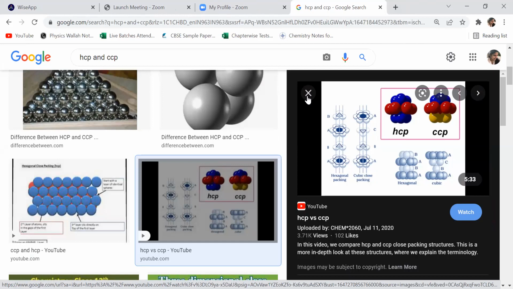Anyone with a doubt can ask me. See, A, B, B, A, alternate layers. Here see A, C, B. Like from the bottom also if you see it's A, B, C. Three different layers. Look at this part: A, B, A, B, A, C, B, A. This is very important. If you can take a screenshot, well and good. This picture is very, very clear, I feel.